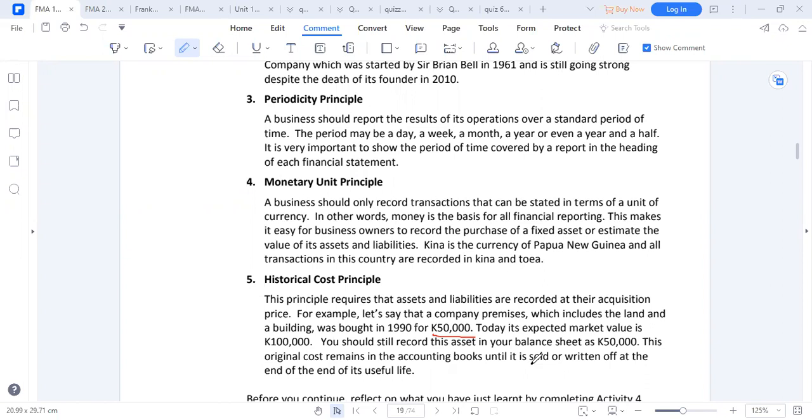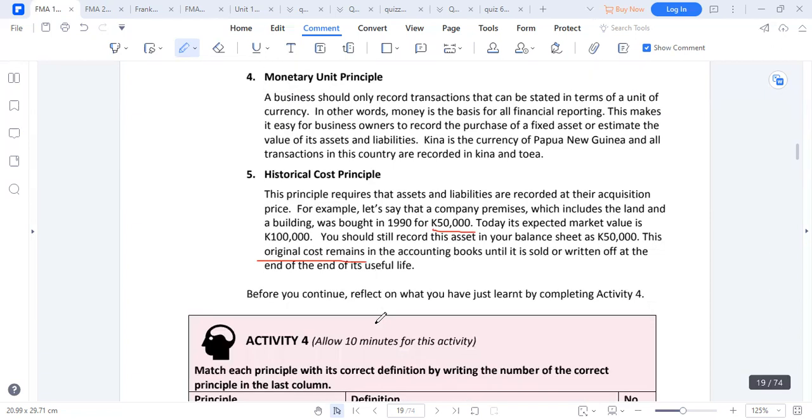Even if it was assumed at 100,000, the historical cost concept simply says that you must value assets at their original cost until it is sold or written off. It doesn't mean that you necessarily need to set it at that amount, but that is the value that you're going to value it at.